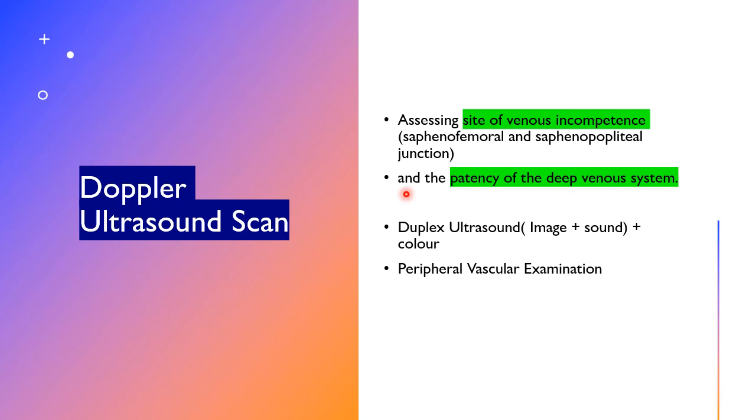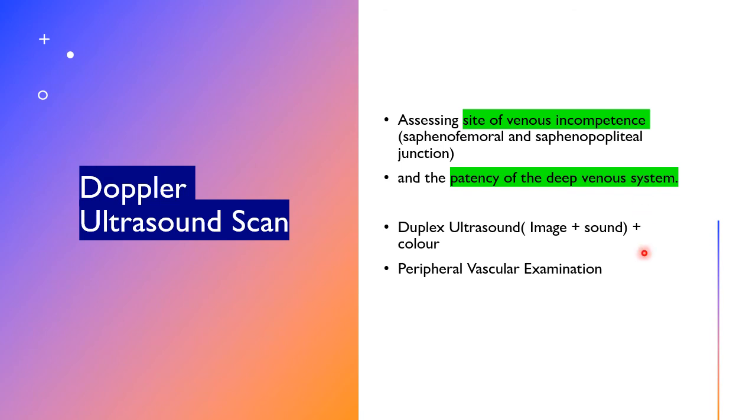It also is used to assess the patency of the deep venous system. Okay, the deep venous system can be blocked due to DVT or its function can be affected by incompetent valves and also the presence of perforators.